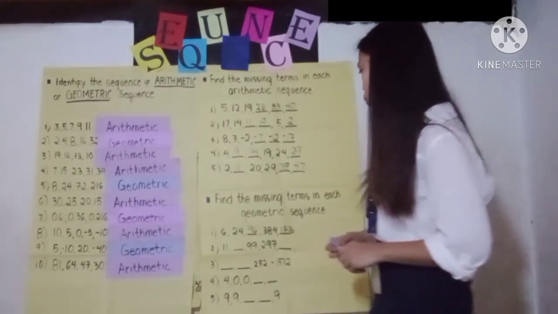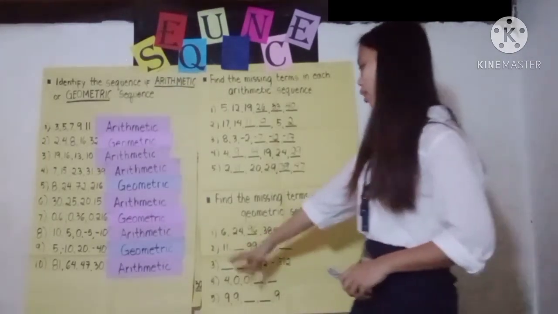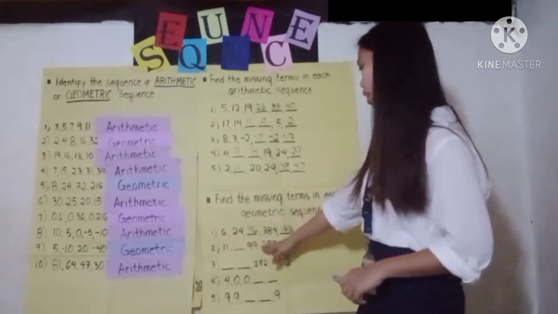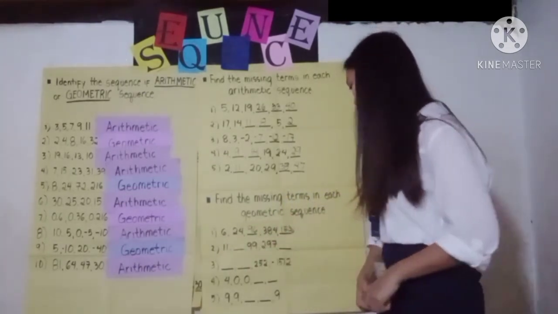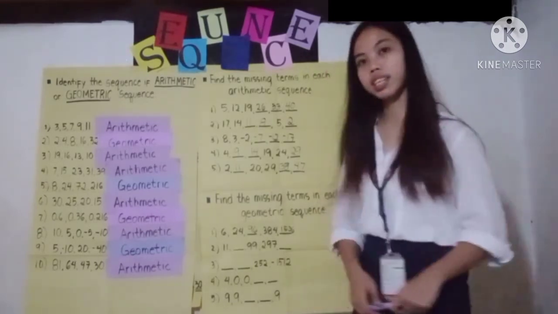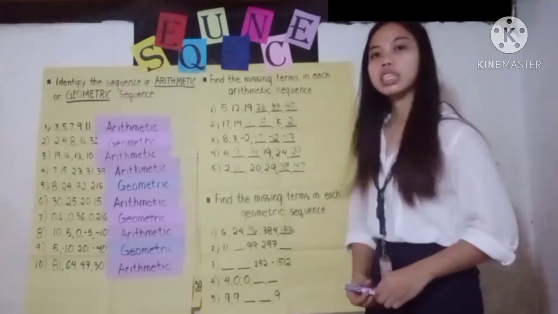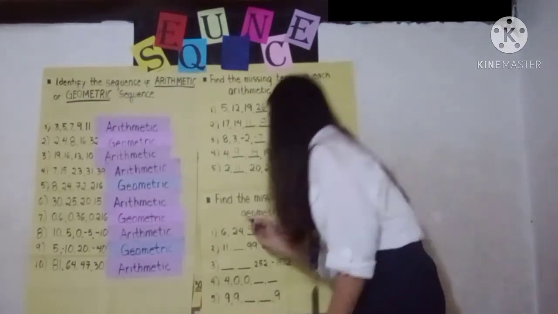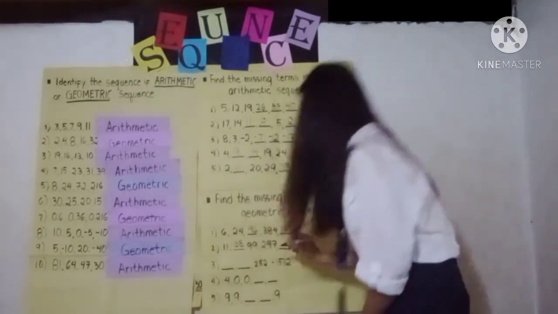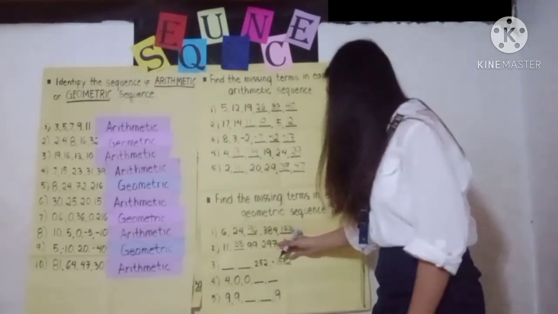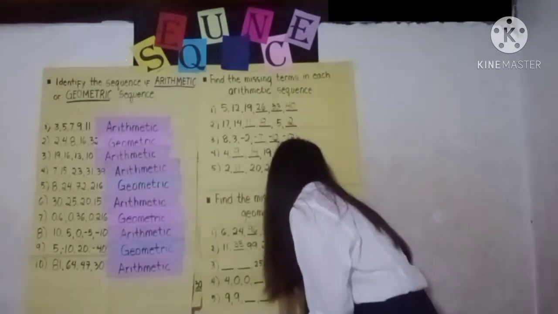Then number 2, 11, blank, 99, and 297. The common ratio is 3. So 11 times 3 is 33. And 297 times 3 is 891.